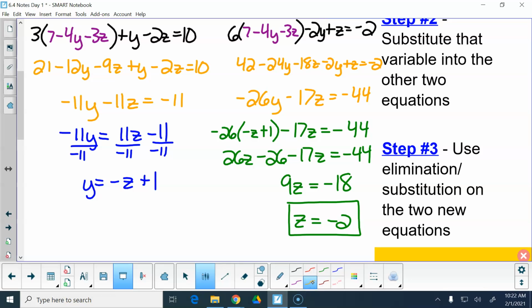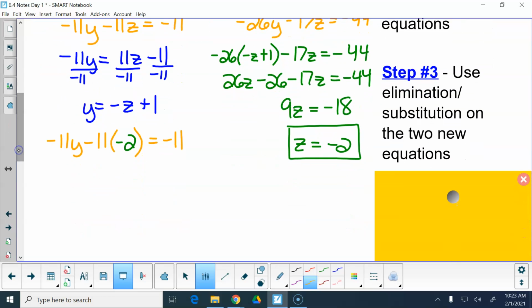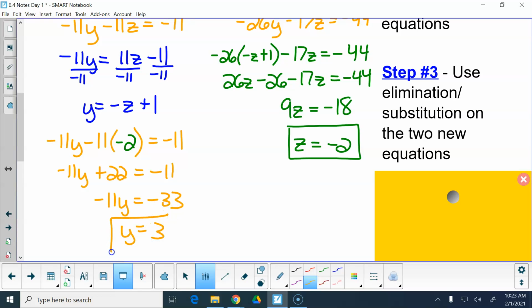Okay. So negative 11y minus 11 times negative 2 has to be negative 11. So that is negative 11y plus 22 equals negative 11. I get y equals 3.